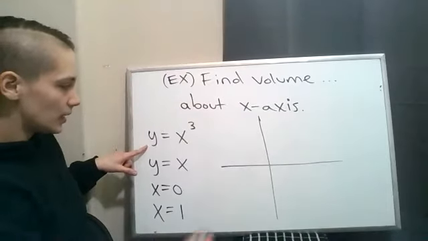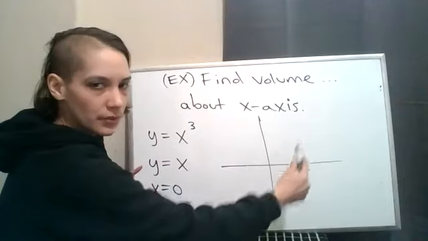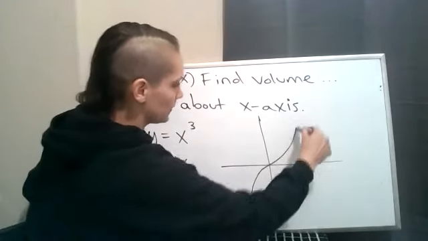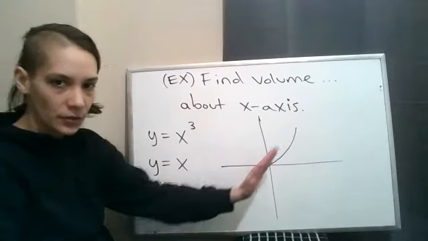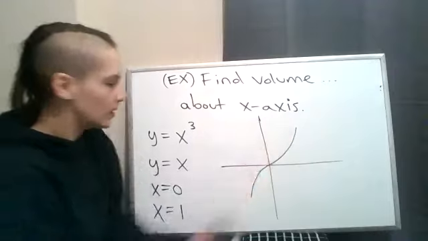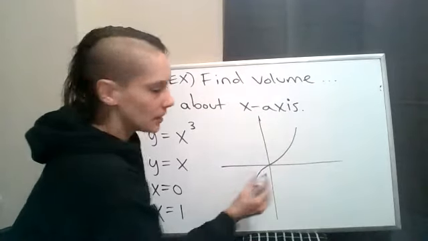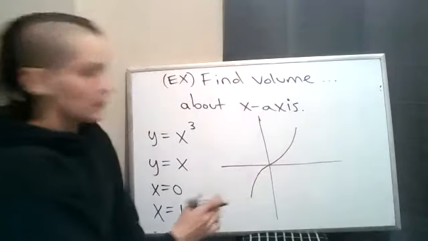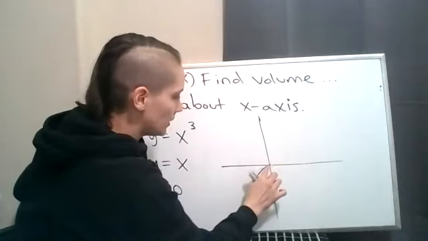Sketch. X cubed kind of goes flat and then up again, so we're going to have a swoop. Y equal to x is a line that goes through the origin, slope 1. I think they meet. I'm going to enhance the picture a bit. So they meet at 1.